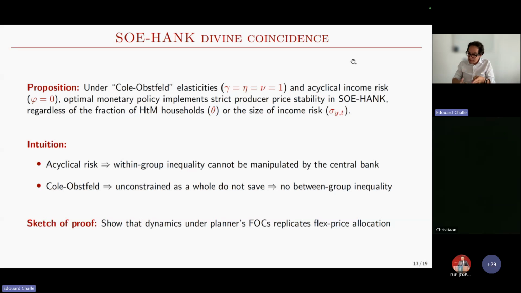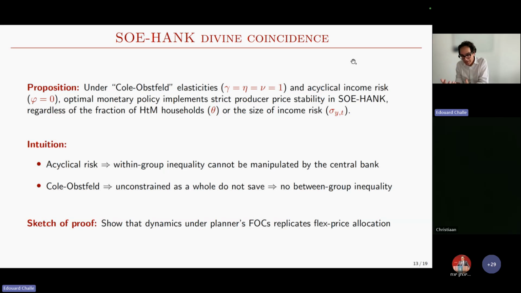Cole-Obstfeld elasticities tell you, and you may remember the previous slides, that in the RANK model of Gali and Monacelli, people do not save. Despite the fact that they are all unconstrained, they do not save or borrow towards the rest of the world. They consume exactly national income. But in an economy with hand-to-mouth and unconstrained households, that means that unconstrained households consume exactly the same as hand-to-mouth people, except that they are not constrained to do it.